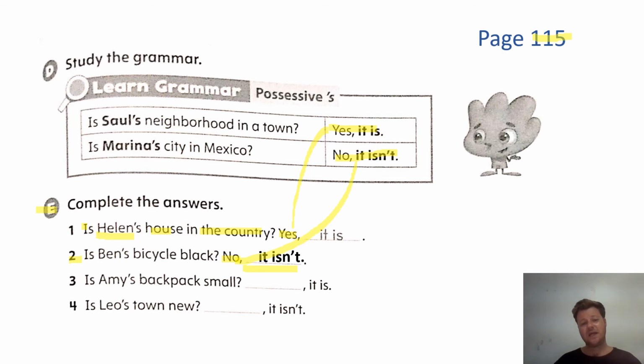Is Amy's backpack small? It is. Remember, it is. So we're going to answer, yes. Yes, it is. And number 4. Is Leo's town new? It isn't. It isn't. So we're going to answer, no, it isn't.